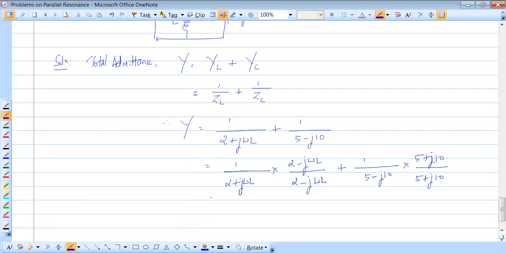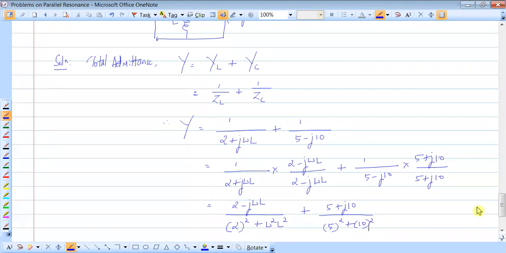What would this be? You'll find 2 minus j omega L in the numerator, and in the denominator you'll find 2 square plus omega square L square, and on the second term we'll find 5 plus j10, and in the denominator we'll find 5 square plus 10 square. This is how it comes up to.